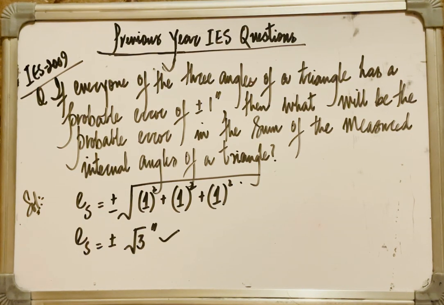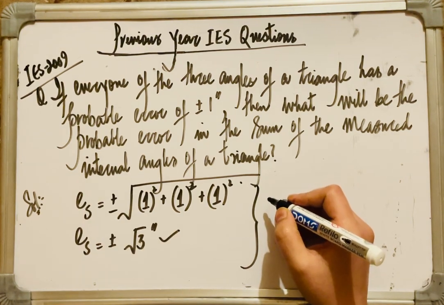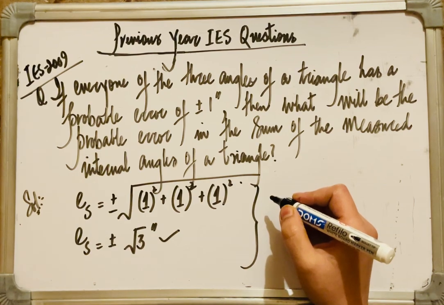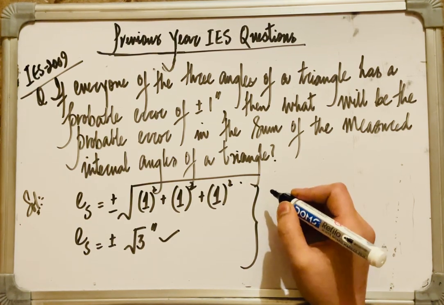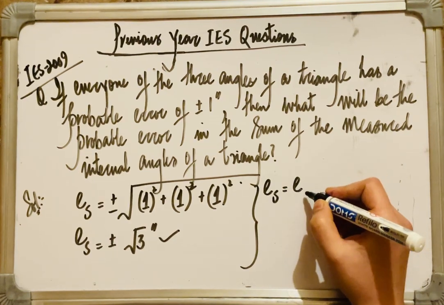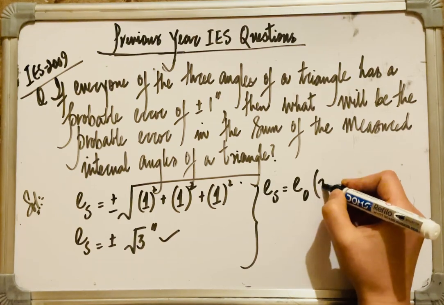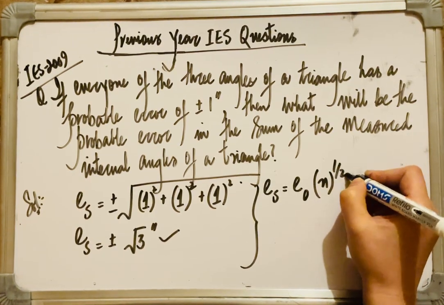Alternatively, as per the general rule, when there is equal probable error or standard error for each measure, then the general expression is that the probable error in the sum is equal to the probable error in a single observation or observed quantity multiplied by the square root of the number of observations.